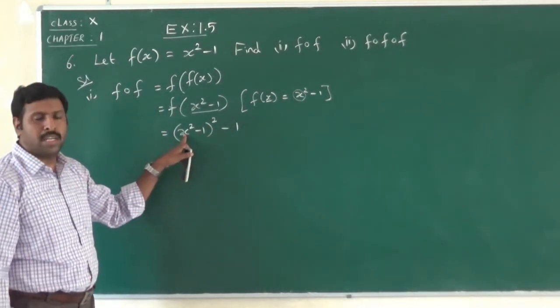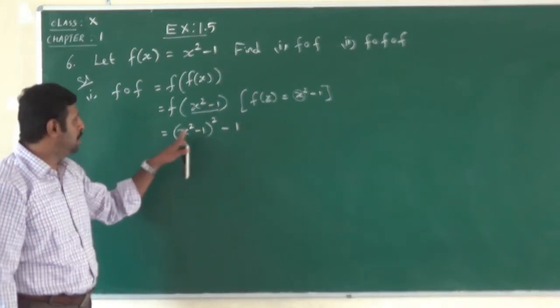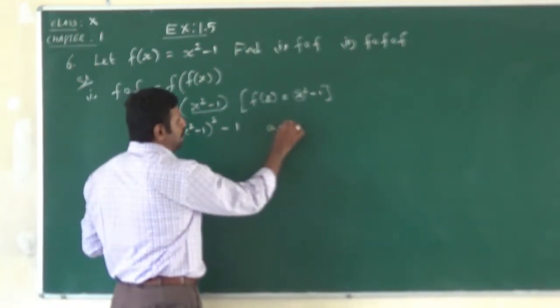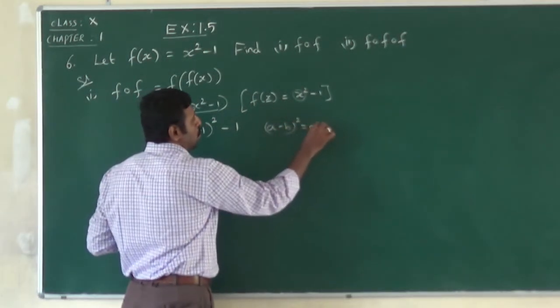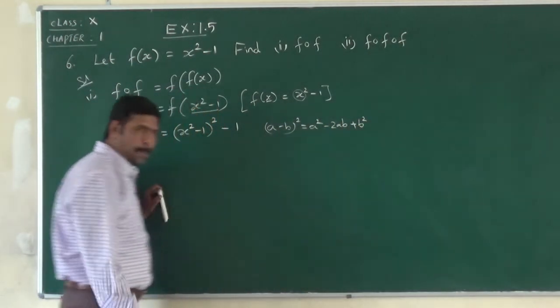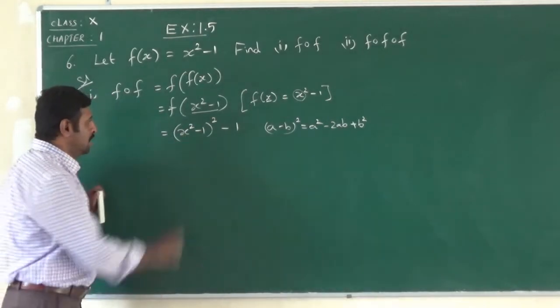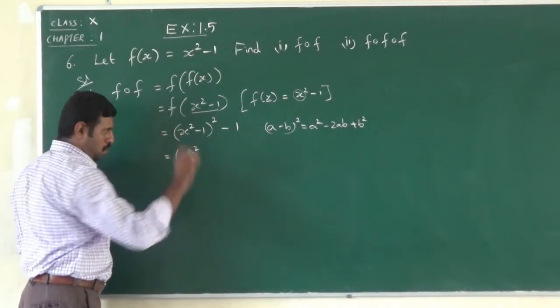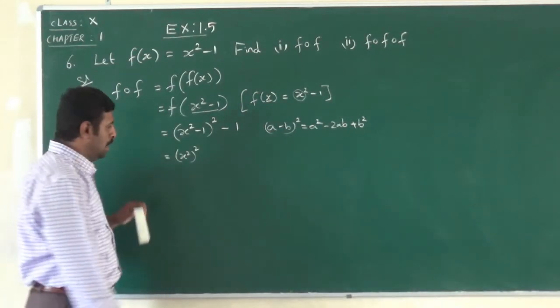So it is in the form of a minus b whole square, right? So a minus b whole square is equal to a square minus 2ab plus b square. Now see, this is a, this is b. In the place of a is x square, whole square, a square, right?